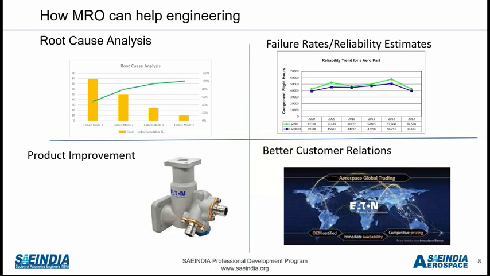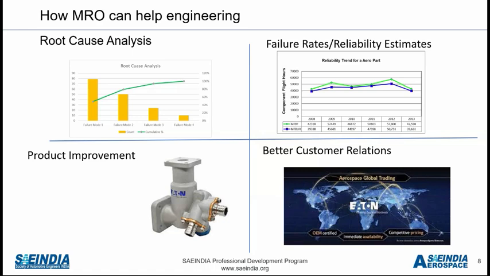But if you are involved with MRO business, whether you have your own MRO organization, or you have a connect with an MRO organization, then you will be able to get very great details, because in aerospace, except for critical components like engines or avionics, nobody even bothers to report every failure in the aircraft to each of the stakeholders, whether the supplier or the OEM.